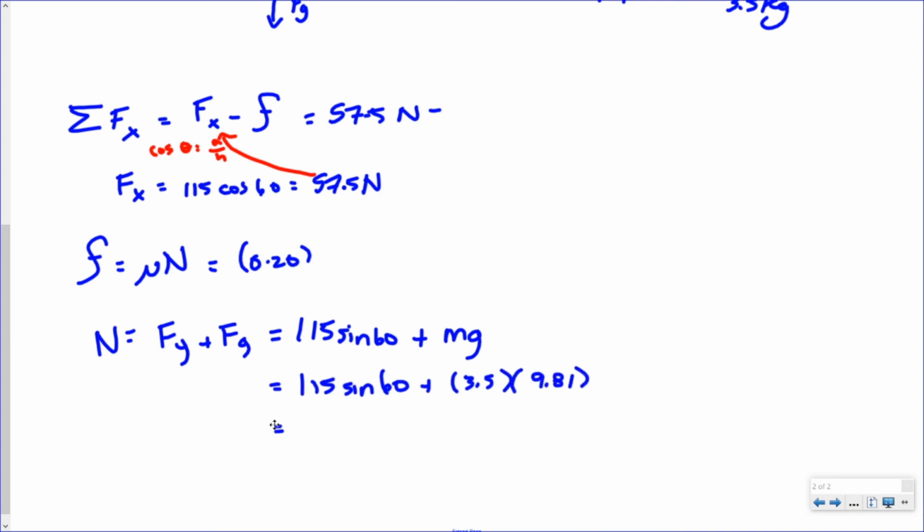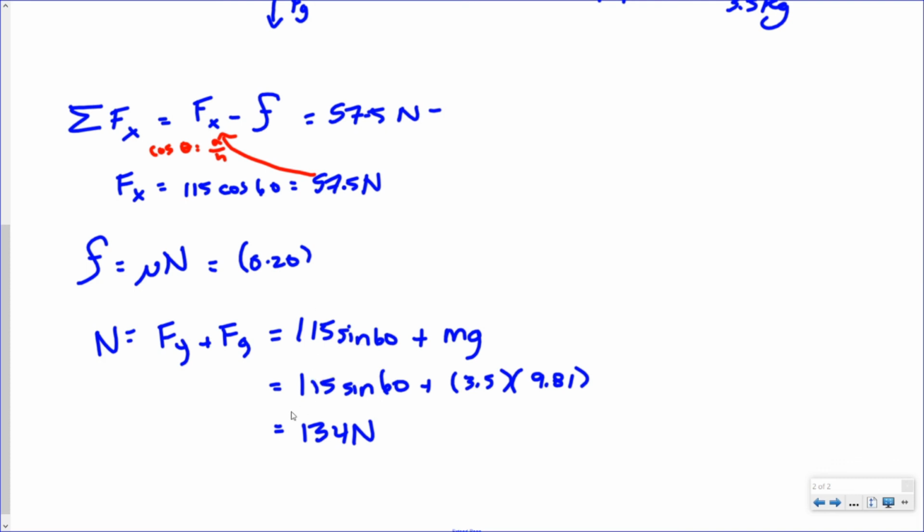Let's see what we get when we do this. 115 times sine of 60 plus 3.5 times 9.81 gives me 134 newtons. All right, why were we solving for the normal force again?